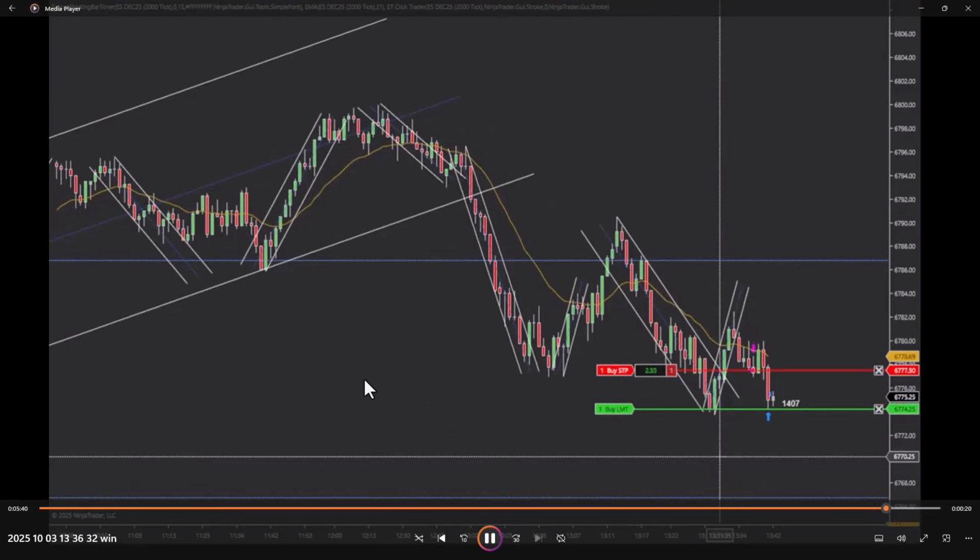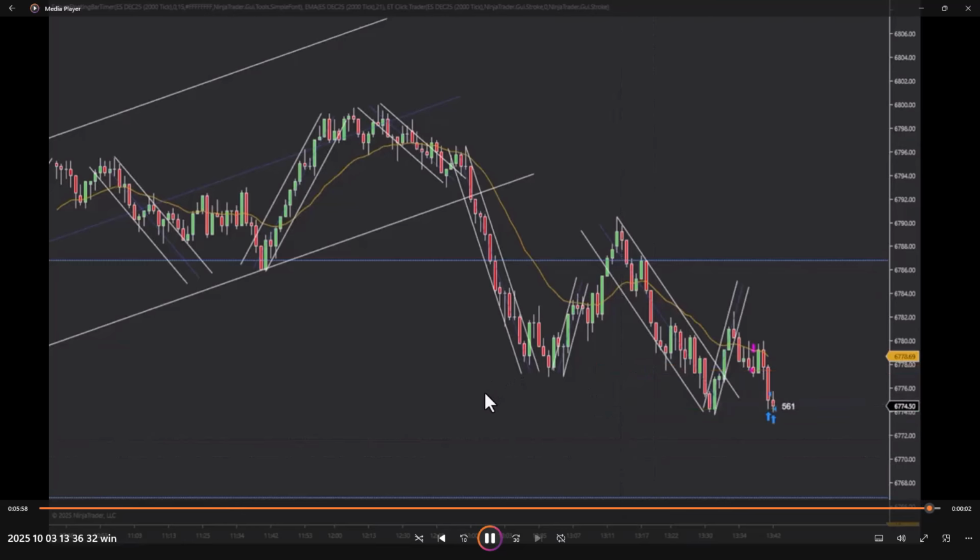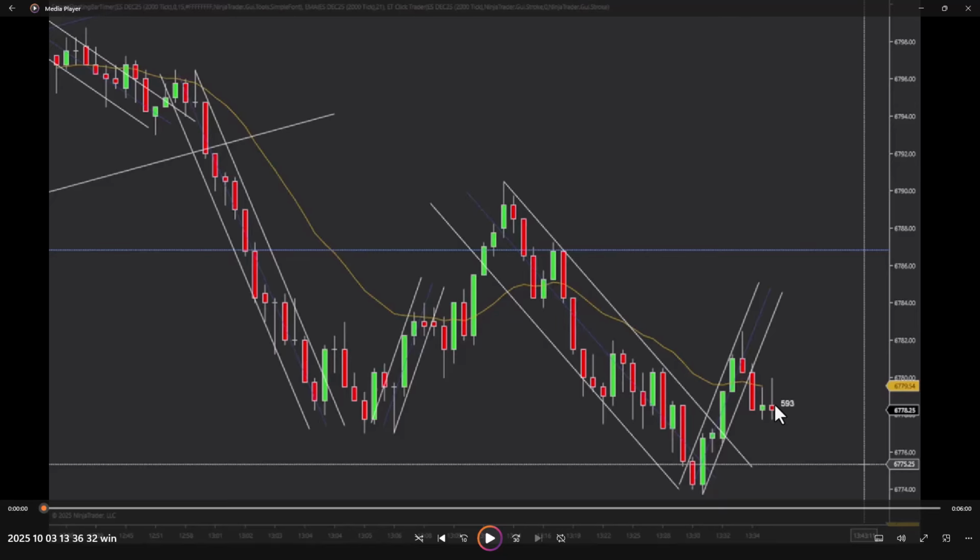You're going to get some support in there at every previous swing low, even if it's only momentarily. And there he is. He's out of his trade. Nice trade there. He was a little early. This looks a little congested. I would have probably waited. I may not have taken that trade.